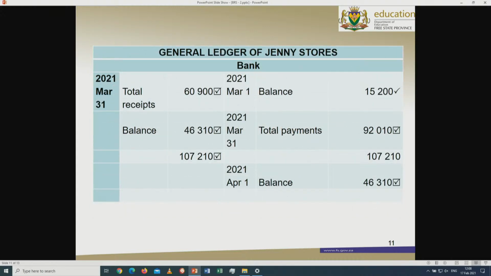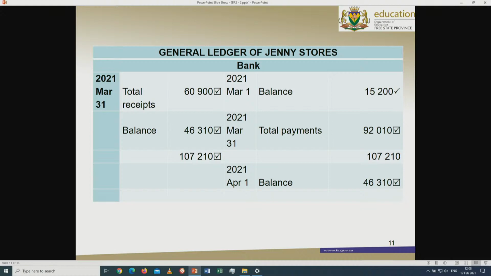With our bank statement, bank account, remember we said the 15,200 is an unfavorable balance on the first day of March. So it will be recorded on the credit side of bank account. If it's unfavorable or a credit balance, it will be on the credit. If it's favorable balance or debit balance, it will be on the debit side.